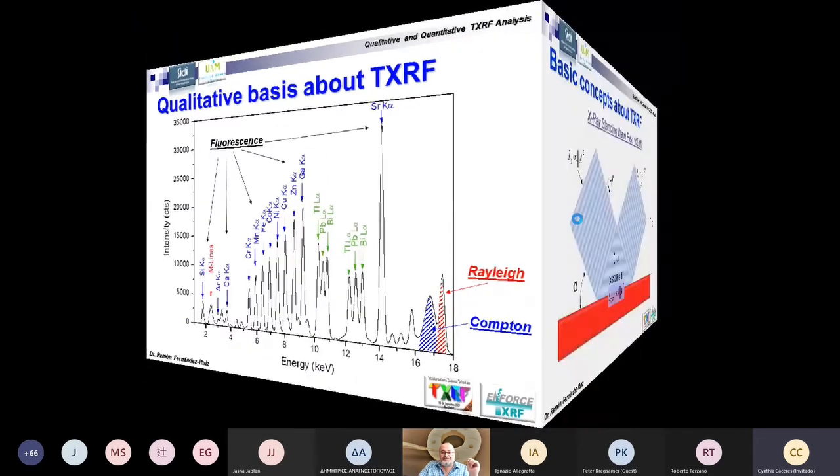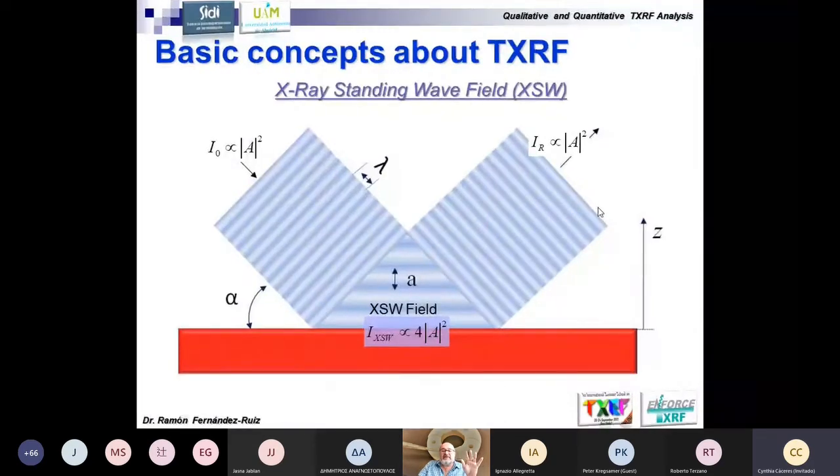Okay. Only remember this question: from an analytical point of view, all the key is the amplification in the spatial region where the X-ray standing wave is produced.